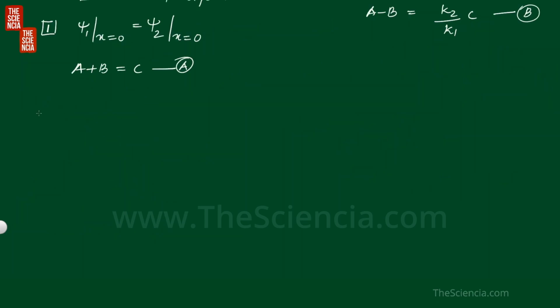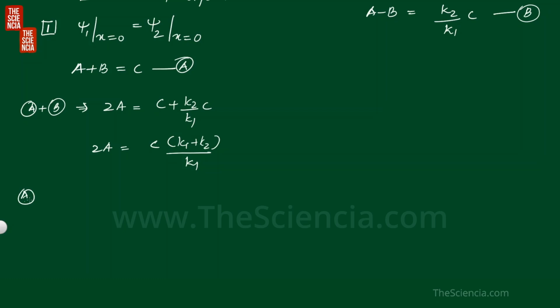First I am going to add equation a with equation b. So what will we get? 2a equal to c plus k2 by k1 c. That is, 2a is equal to c into (k1 plus k2) by k1. And similarly, I am subtracting equation b from a.